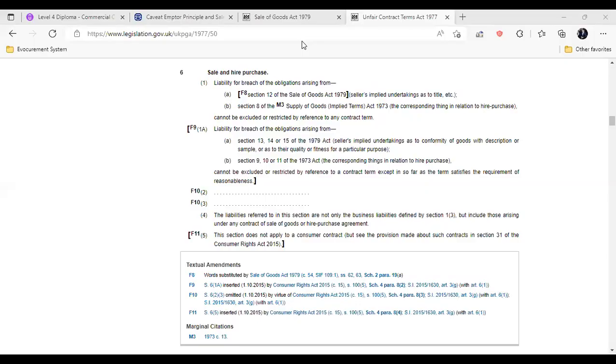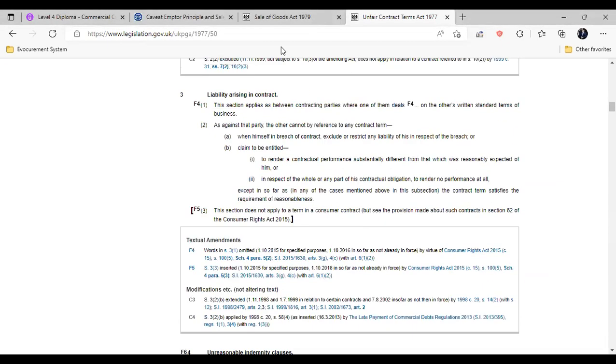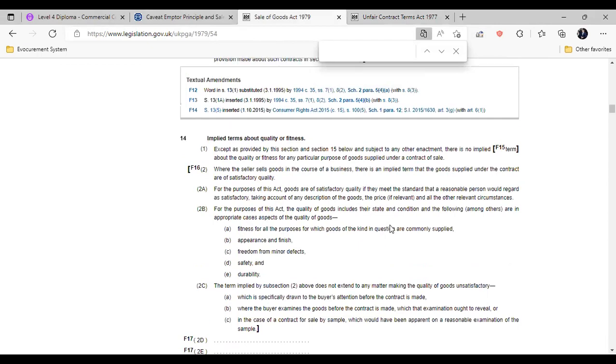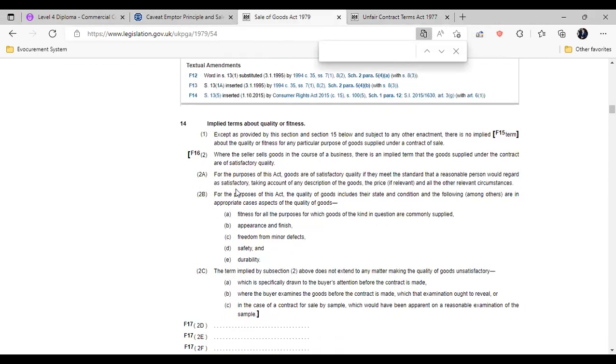Yeah, I'm reading the Sale of Goods Act. You see that in section 14 of the act, the goods under the contract of sale should be of satisfactory quality. And what does it mean?